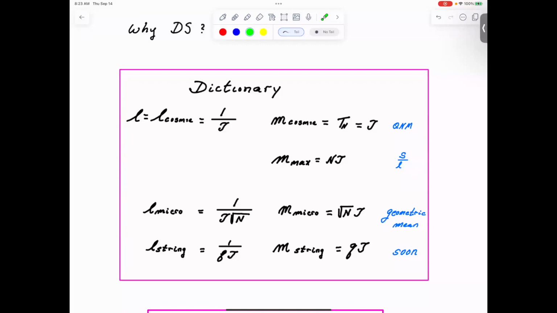So by comparing, just roughly, the quasi-normal modes of de Sitter space with the quasi-normal modes of the SYK system, one concludes that the cosmic length scale or the cosmic mass scale, the Hawking temperature, is proportional to J. The maximum length scale is N times bigger, where N is the number of species of fermions.